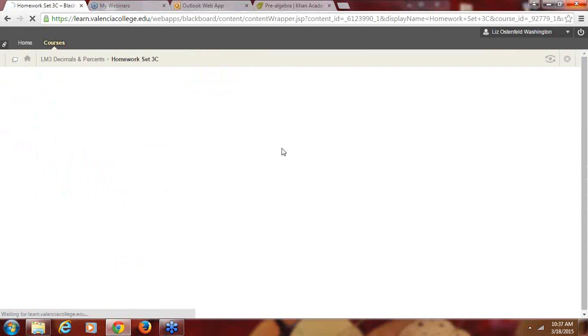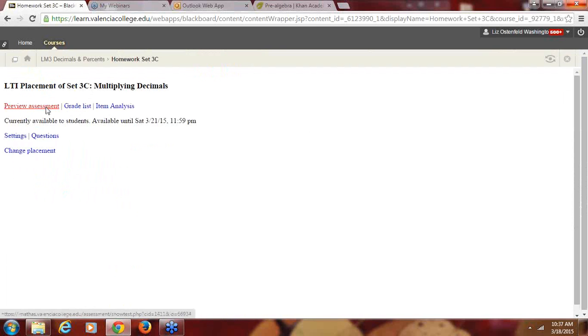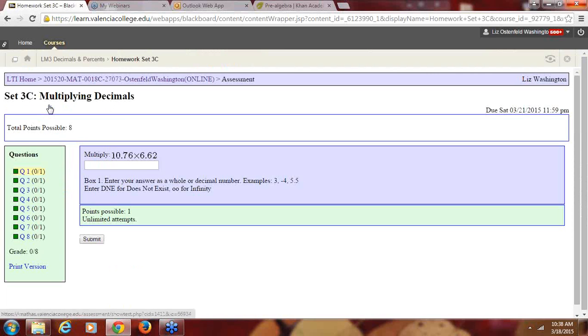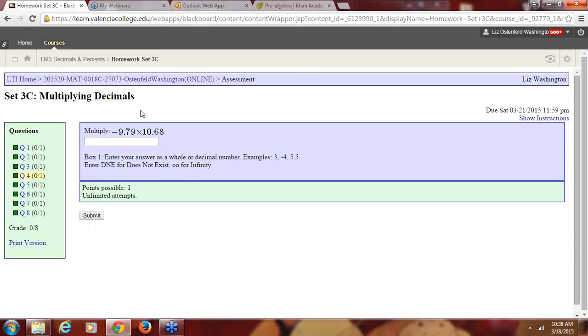Let me go see. Multiplying decimals. Okay, now unlike, let me skip one. Oh, there's a negative problem here too. 3C, number 4. Alright, okay, let me get my pen.